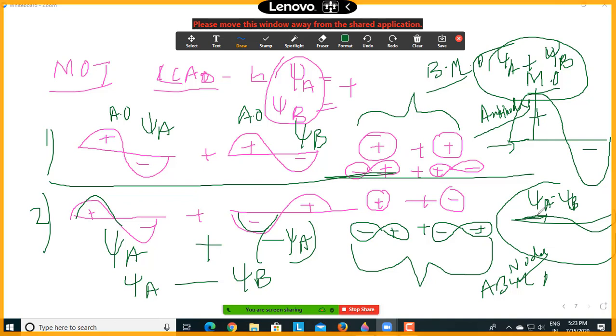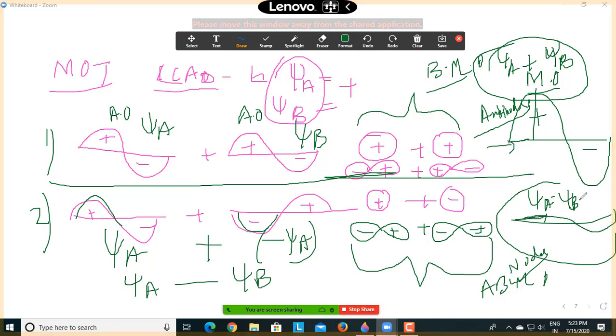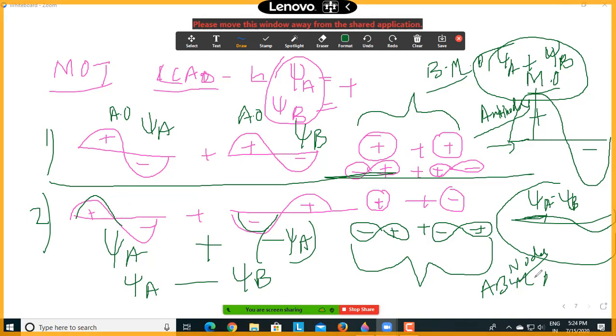When amplitudes are subtracted, that is called destructive interference of electron wave. And destructive interference of electron wave gives you minima, nodes. That molecular orbital is known as anti-bonding molecular orbital. And constructive interference, when it gives antinodes, maxima, is called bonding molecular orbital.